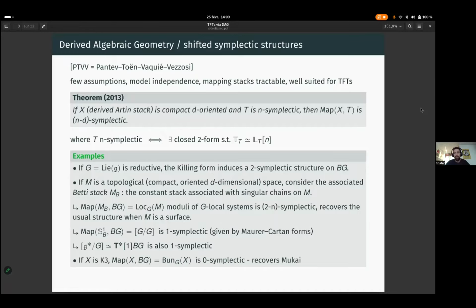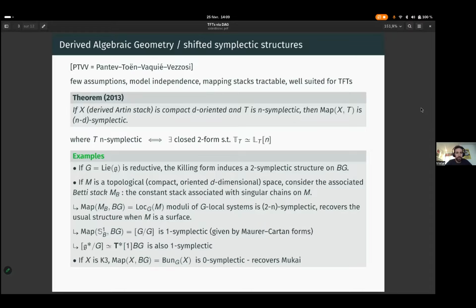And we actually have nice mapping spaces, mapping stacks, which we'll see later are very well suited for manipulating TFTs. So we'll see field theories as functors. On this slide we're actually dealing with objects of some categories I'll define later.